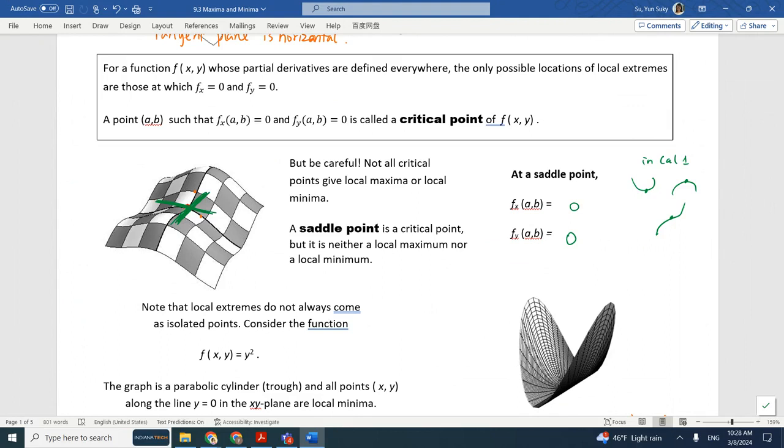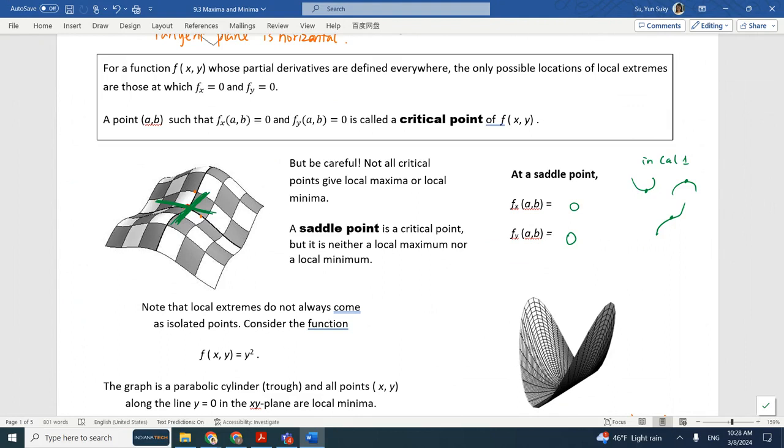When you put in 0, you get 0. But this critical point is not a local max or local min. It's a saddle point. Near the point, you have some points greater than that and some points less than that. So it's not a local max or local min. So even though it's dipping in between the two humps, it can't be a local minimum.